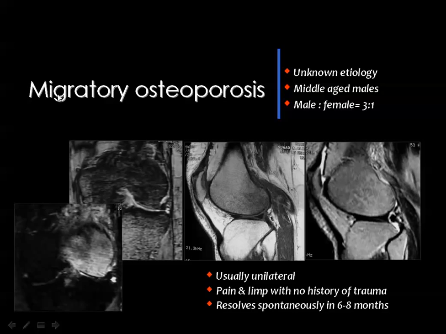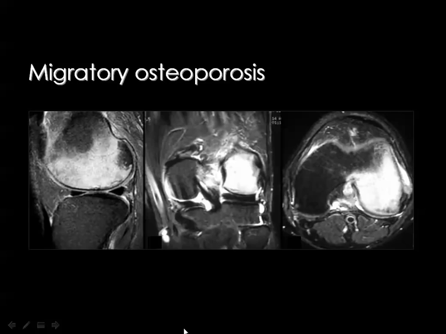And from its name, migratory osteoporosis, meaning that it may affect one joint, then migrate to another joint. But you know that this disease is a self-limiting disease, and it may resolve spontaneously within 6 to 8 months.